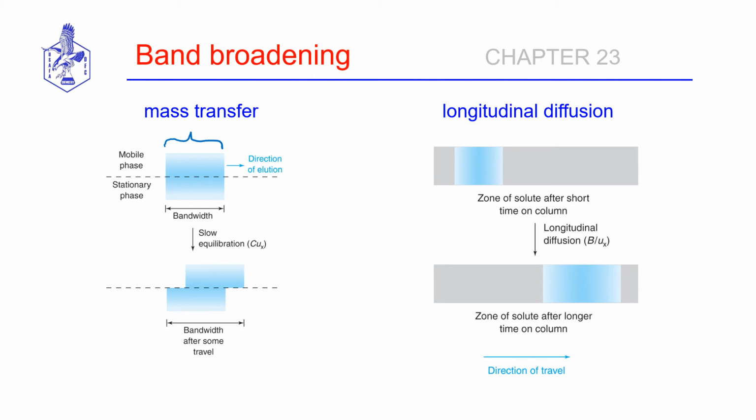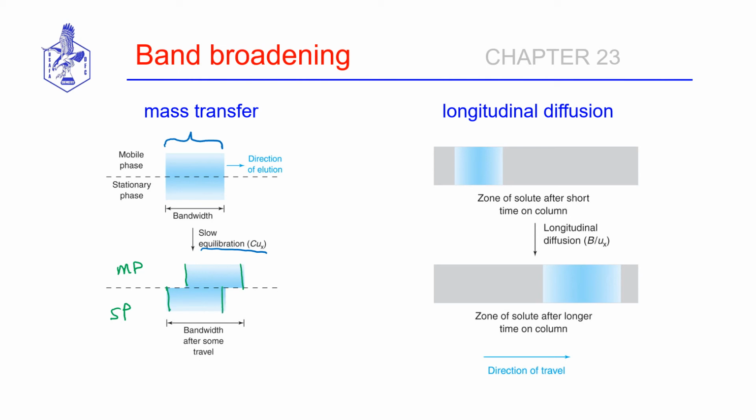But if you have a slow mass transfer or slow equilibration time in the different phases, so if out here is the mobile phase and down here is the stationary phase, if the molecules within the mobile phase are moving faster than in the stationary phase, the molecules in the stationary phase are going to get behind.